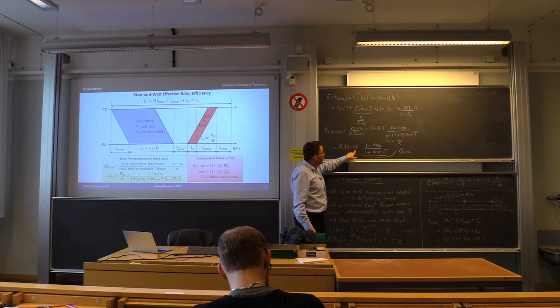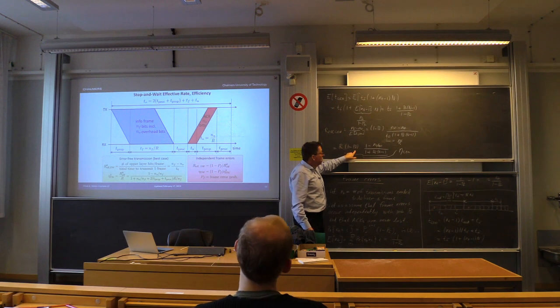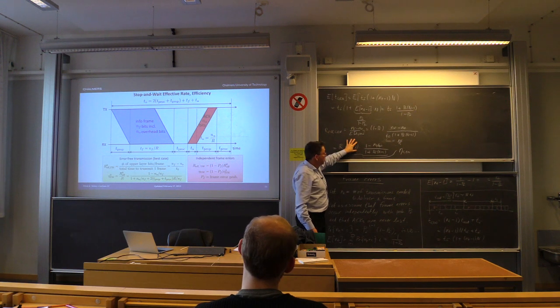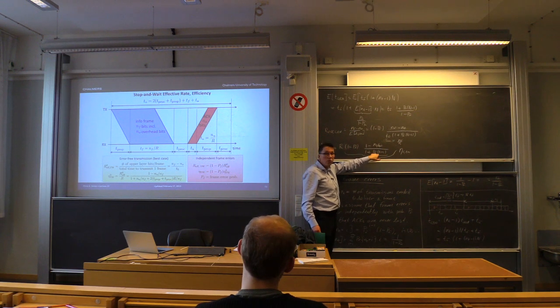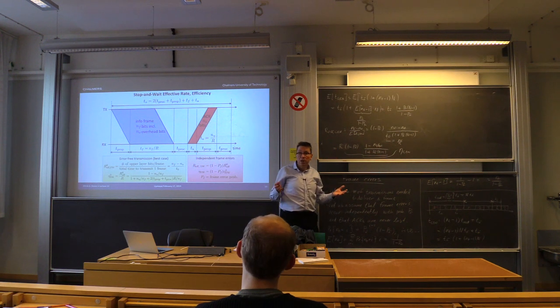Okay, so if we had error-free transmission, we should be very good, right? So let's check that. If we put in pf equal to 0, we can forget about this term, and we can forget about that term in the denominator, and we have R times 1 minus no divided by nf. And this is the best we can ever hope for.